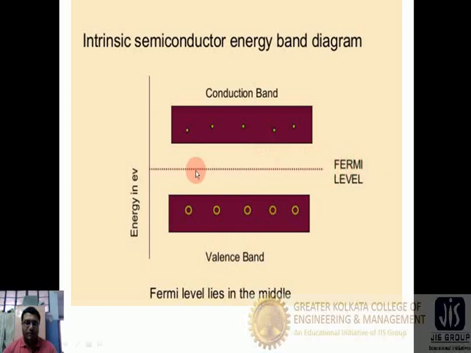And there is a Fermi level situated just in the middle of the conduction band and valence band. What the Fermi level is we will discuss in the coming slide, but this is the energy band representation of a semiconductor.